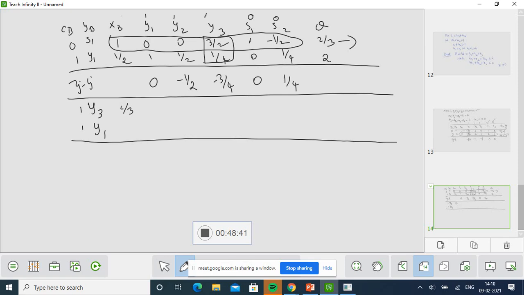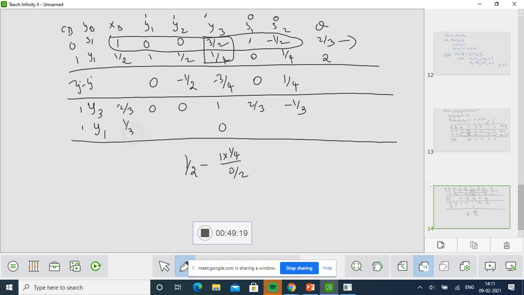So it is 2 by 3, 0, 0, 1, 0, 2 by 3, minus 1 by 3. Again evaluate half minus 1 into 1 by 4 by 3 by 2. So 1 by 4 means half minus 1 by 6. So 3 minus 1 by 6, 2 by 6, 1 by 3.